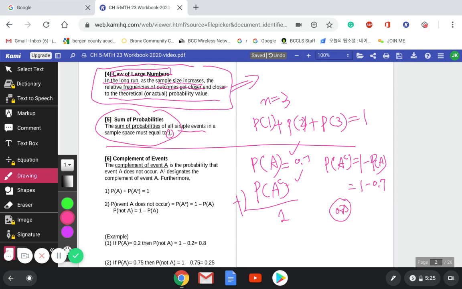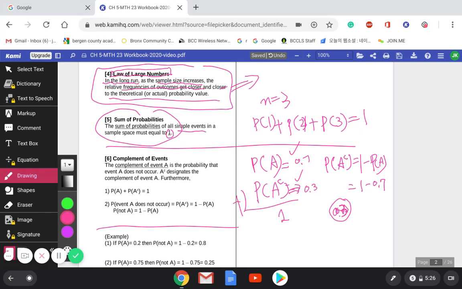So you can find the complement of a probability when you know the probability of one event. Sometimes we use complementary events for various reasons. I'm going to explain that further later on, but you should know this.